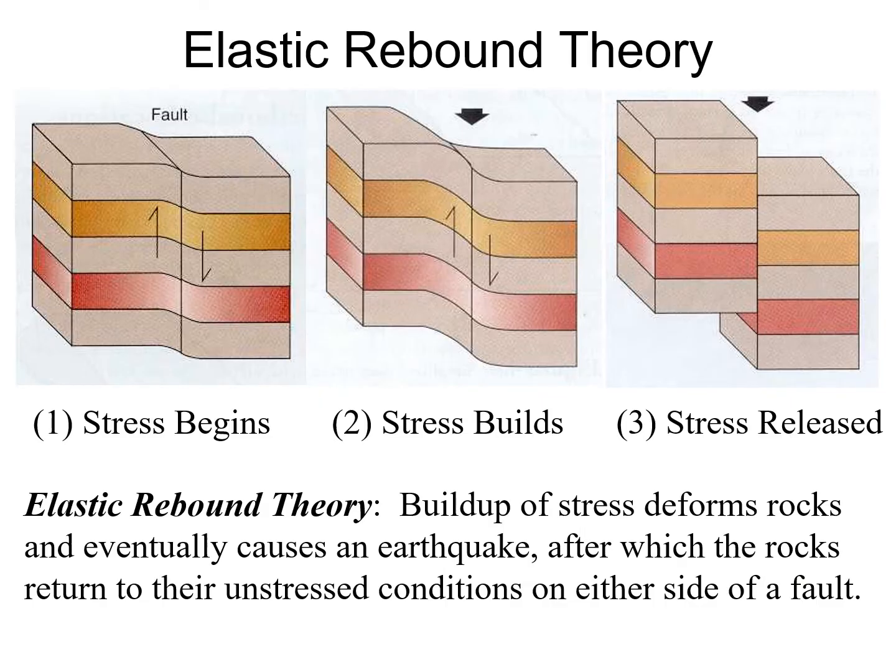Now, part of the mechanics that we have with the earthquakes is what's called the elastic rebound theory. And so this is how we can explain some of the deformation that we see with earthquakes. Now, the earthquake itself is dealing with brittle deformation along a fault.